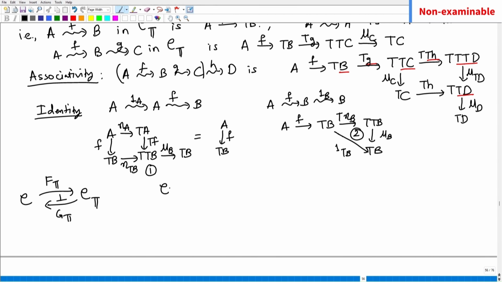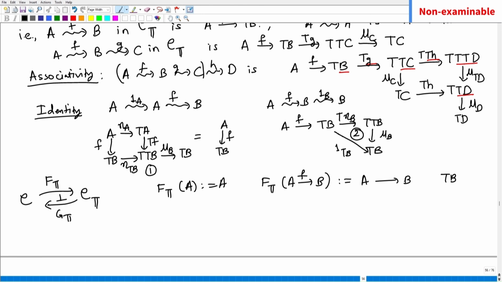Okay, so FT of A is just A, and FT of A to B, yeah, an ordinary morphism, what will you map it to? It should go from A to TB. Yeah, then only we can say it's a morphism.